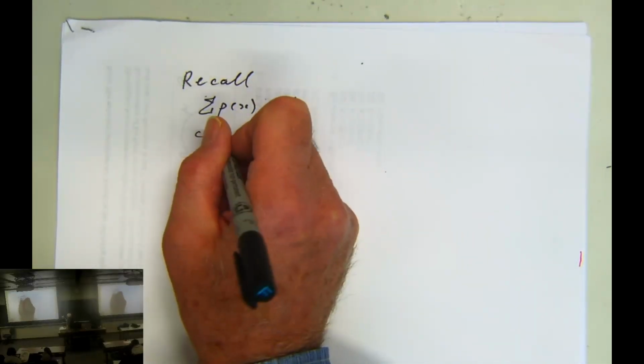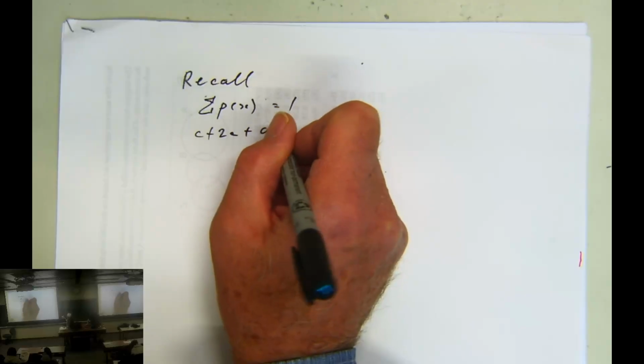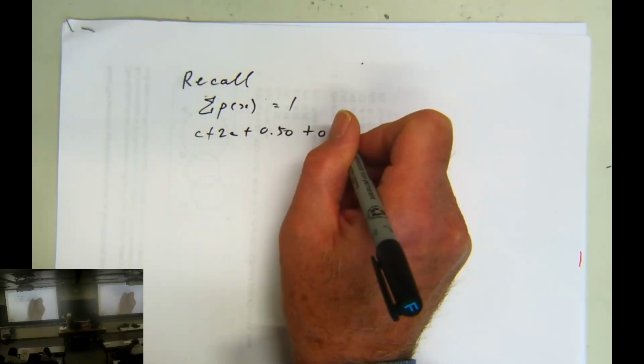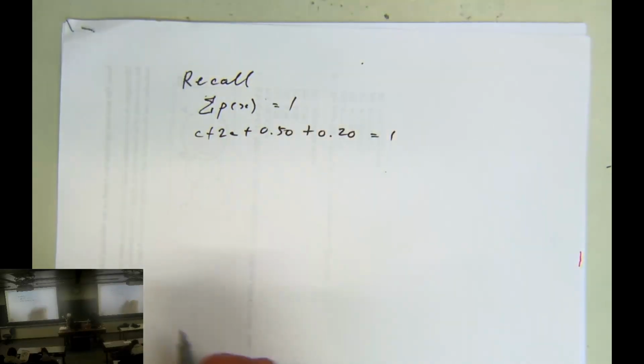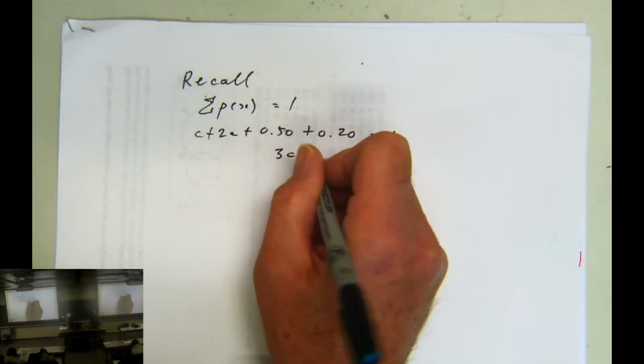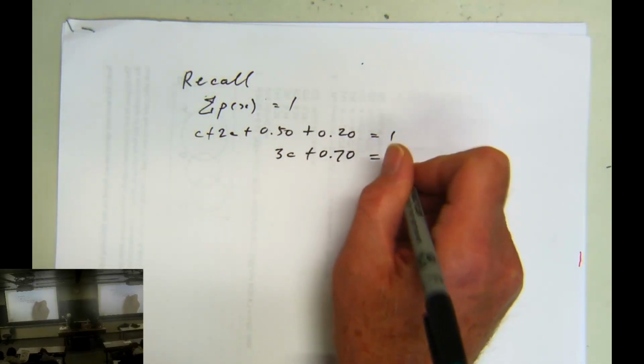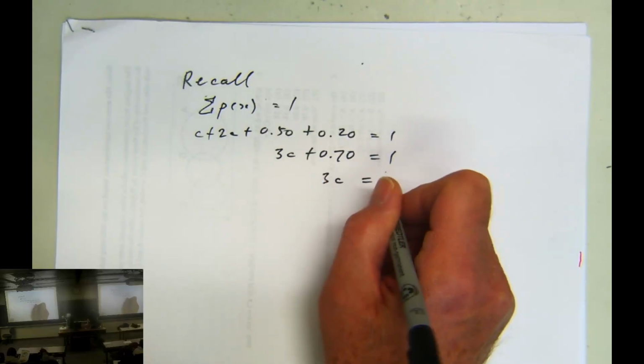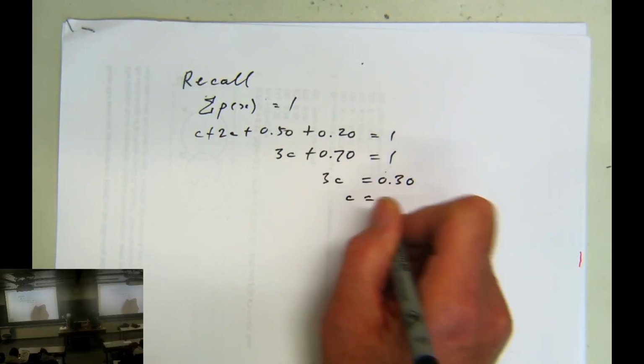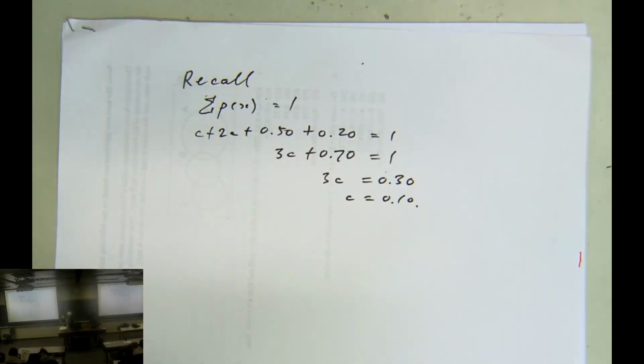So what have we got? We've got c plus 2c plus 0.50 plus 0.20 equals 1. Let's see, that's 3c plus 0.70 equals 1. 3c equals 0.30. c equals 0.10. Okay, so we've solved for our c.